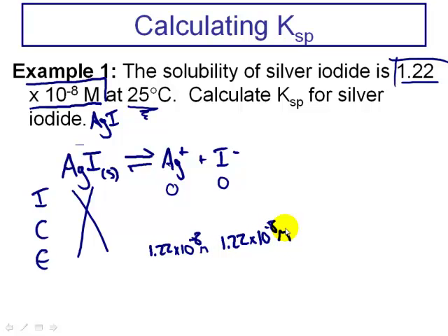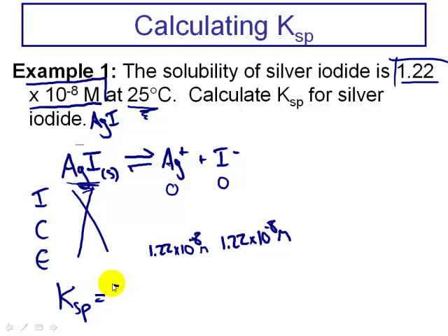The reason for that is because these ions are both produced in equal amounts when this dissolves in a 1-to-1 ratio. And since I know from the solubility what the concentration of the ions is in solution, I can then calculate the value of the equilibrium constant.